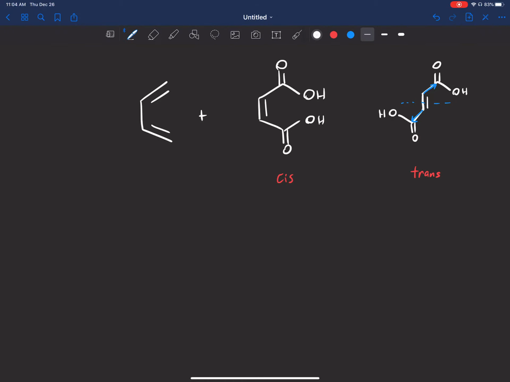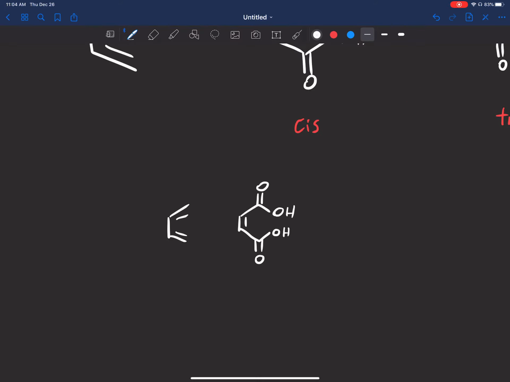So first, let's just focus on the cis version. So let's draw our Diels-Alder arrows. This double bond attacks that carbon. This comes down. And that one flips upward.